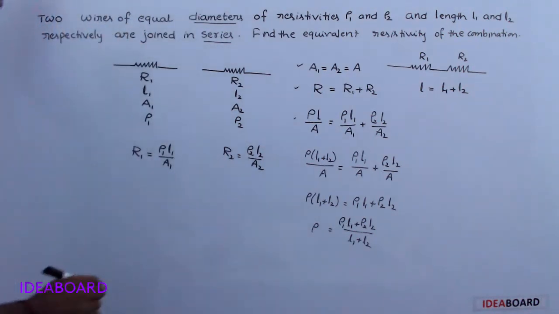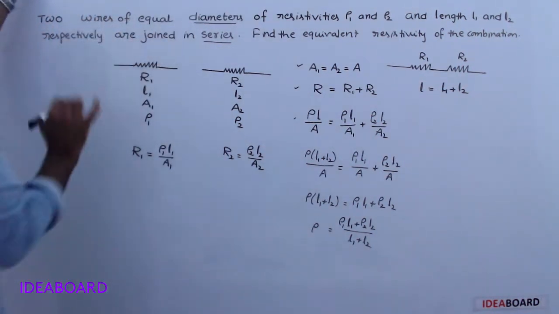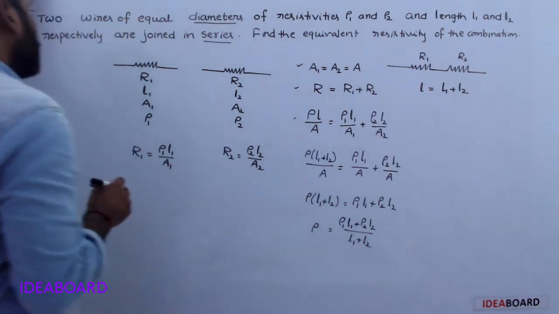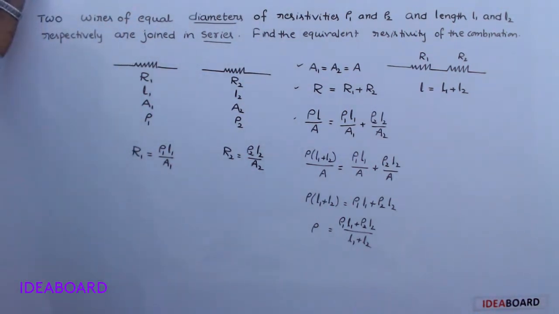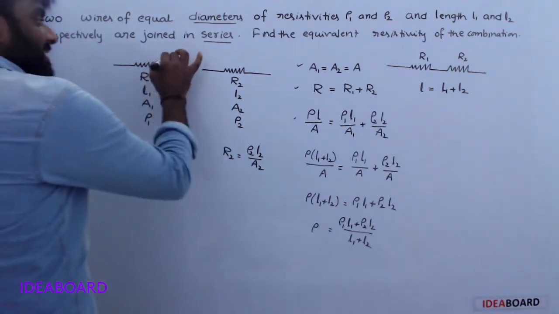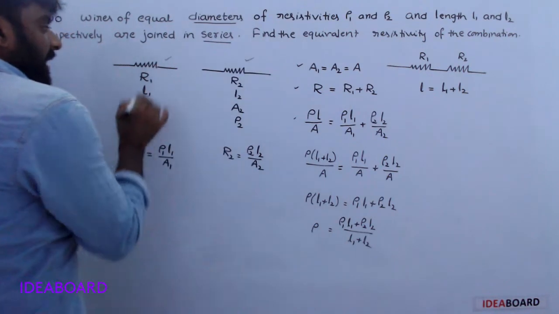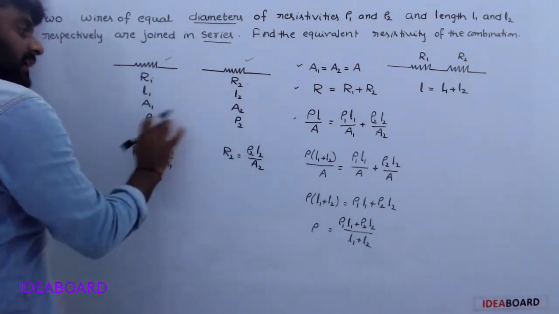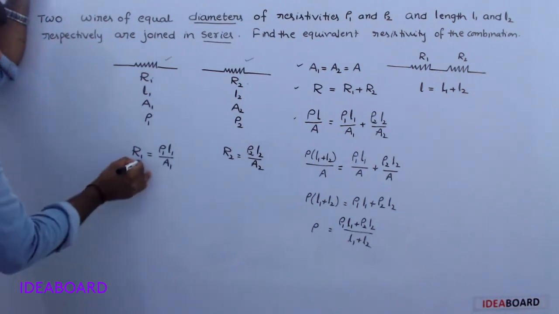Once again, two wires of equal diameters, with resistivities rho 1 and rho 2 and lengths L1 and L2 respectively, are joined in series. Find the equivalent resistivity. First resistor, second resistor, resistances R1 and R2, length, area, resistivities. You know the resistance formula.